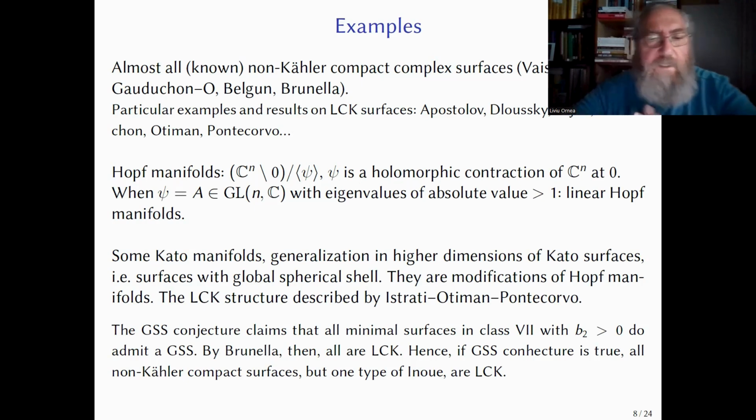The global spherical shell is an immersion of an open set containing an S^3 and which doesn't disconnect the surface.